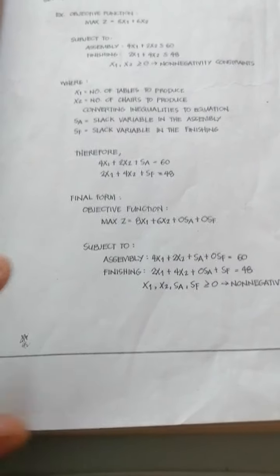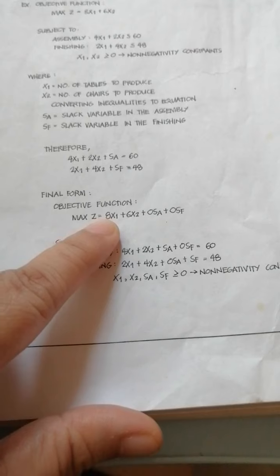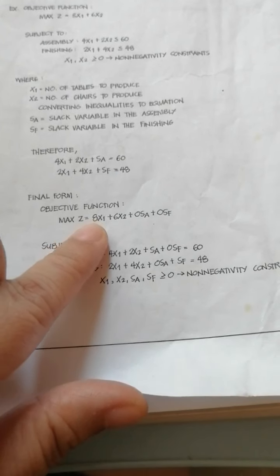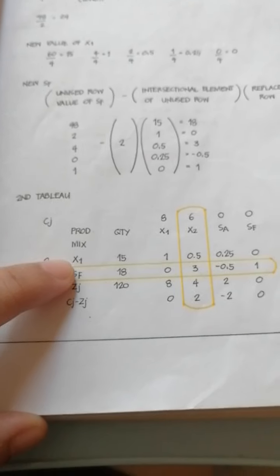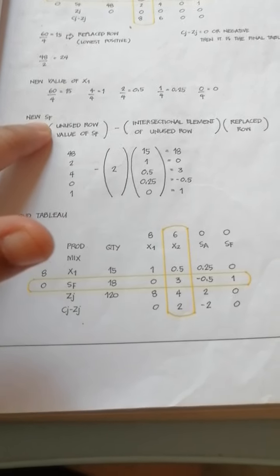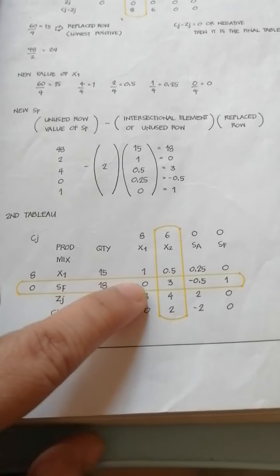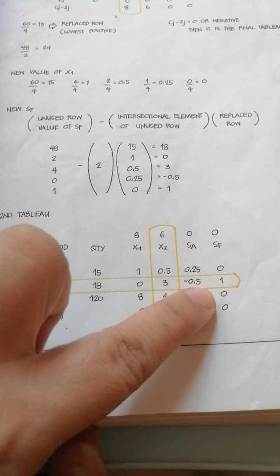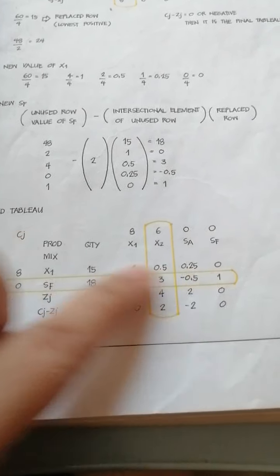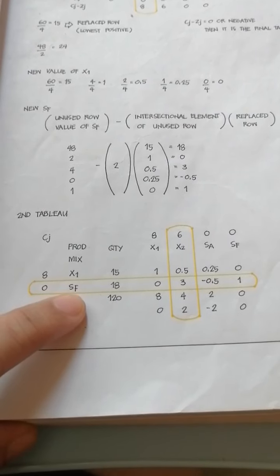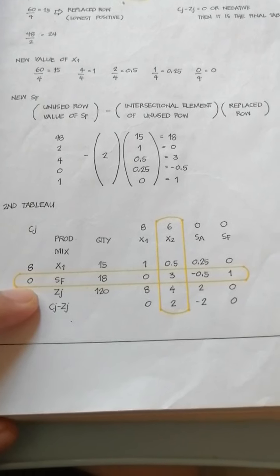If you try to look at the equation that we have for X1, we have $8 per unit. Okay, that's why you have 8 here. And again, you just copy the new value of SF that you have computed. So you have 18, 0, 3, negative 0.5, and 1. The profit per unit for SF is 0.